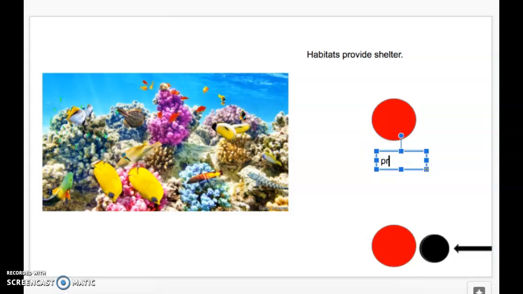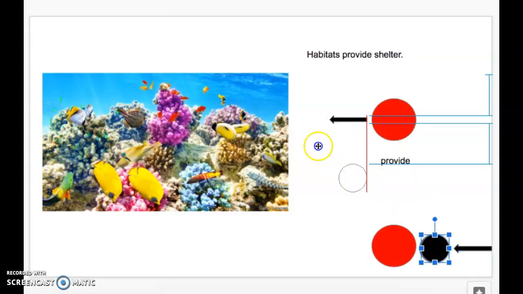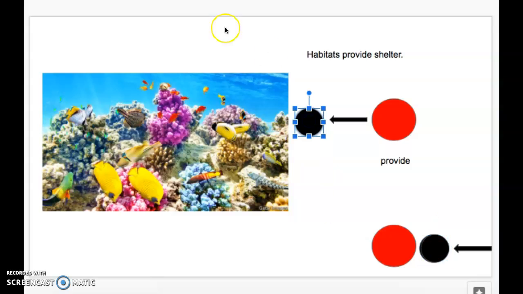And so under my red circle, provide, I can ask my second question, who is it or what is it that provides? In this case, a what? Habitats, making sure my black arrow points away to my black circle. And we'll write habitats.